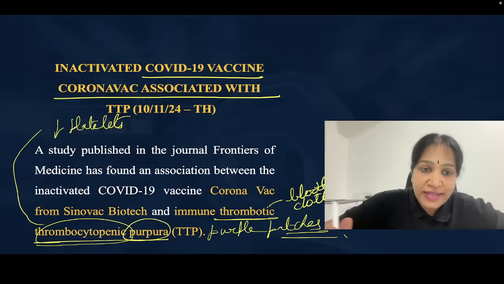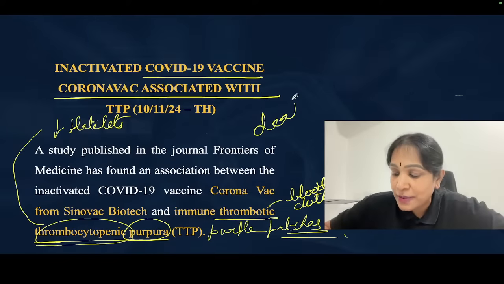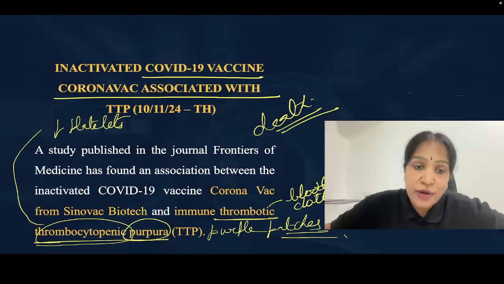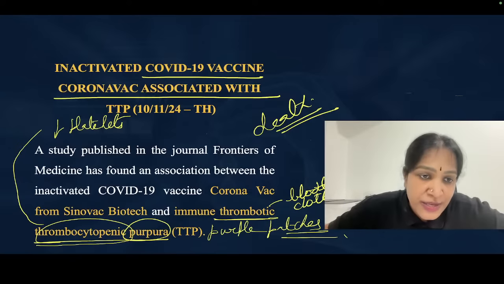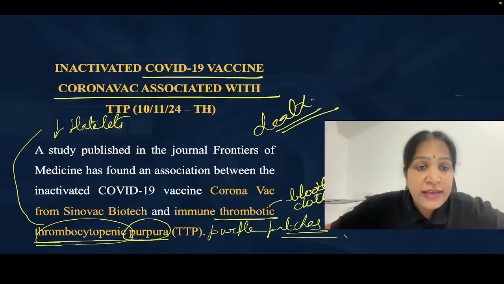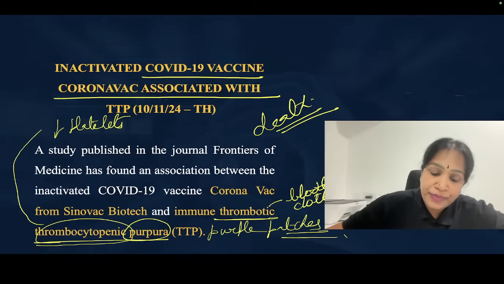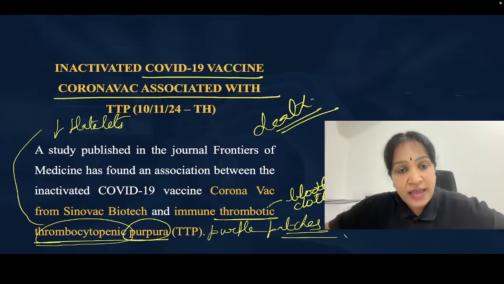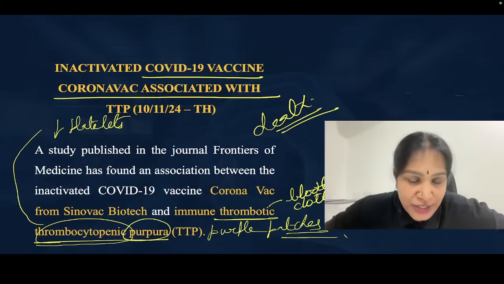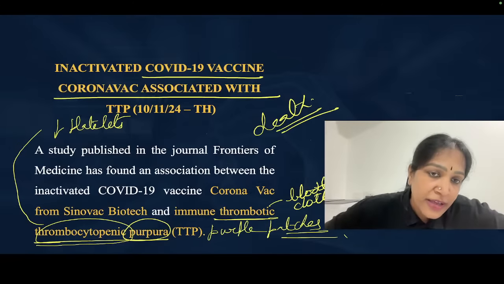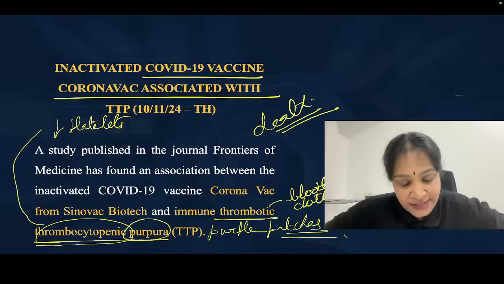It can cause death of the person also. These excess blood clots because of the deficiency of ADAMTS13 can lead to the death of the person. Is it clear? But this can happen either due to coronavirus infection or due to the coronavirus vaccine. Is it clear?